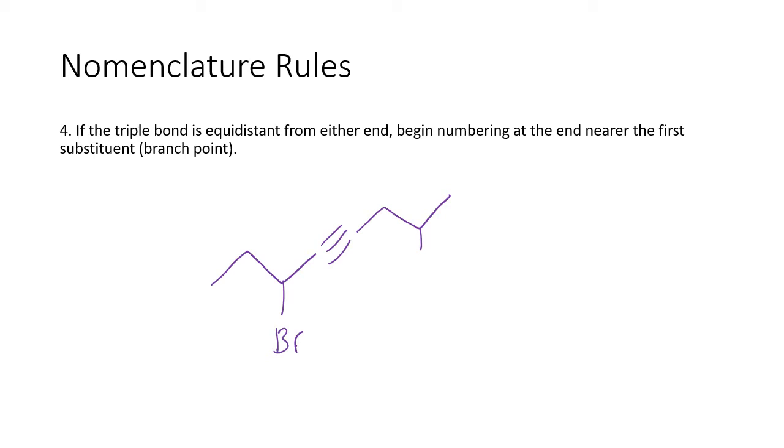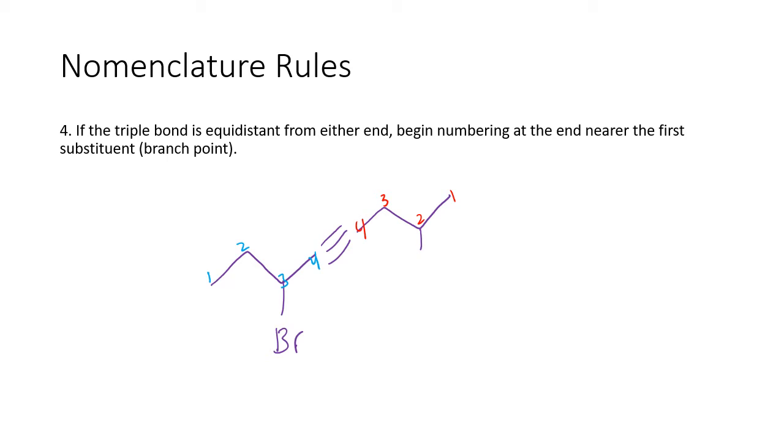Now, if we were to go 1, 2, 3, 4 from the left, our first branch point would be at position number 3 with the bromo. And if we were to go from the right, 1, 2, 3, 4, our first branch point is at position number 2 with the methyl.